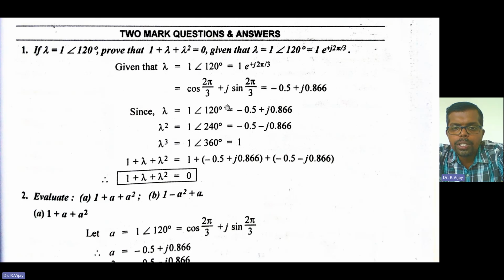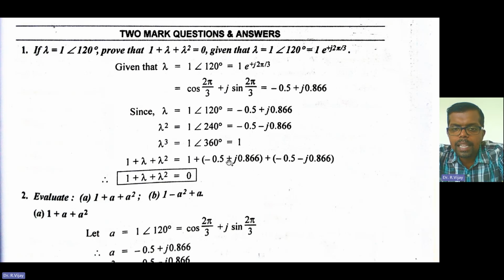Now you need to substitute all this: 1 plus lambda. What is the value of lambda? Here, minus 0.5 plus j into 0.866, plus lambda square, which is minus 0.5 minus j into 0.866. So you need to simplify this.